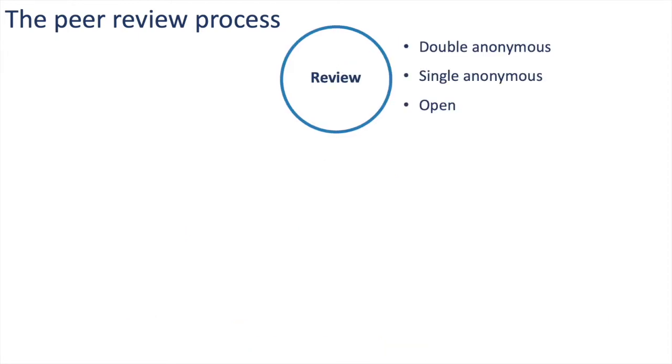Depending on the journal you've submitted to, there are different types of review. The first one is double anonymous, where the reviewers don't know the author and the author doesn't know the reviewers. Then there's the single anonymous option, where the reviewers know the author but the author doesn't know who reviewed their work.